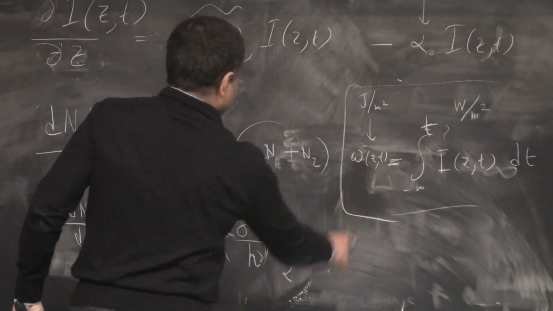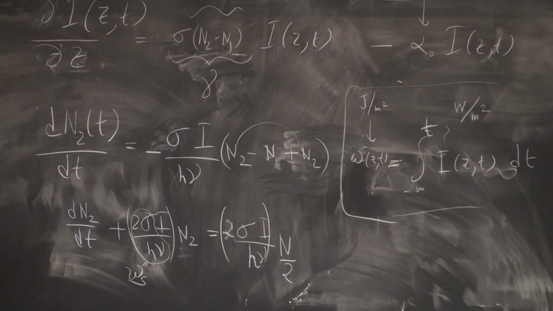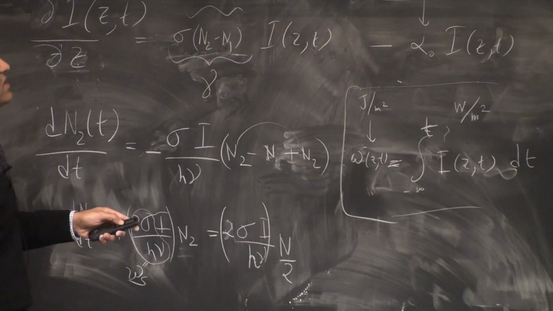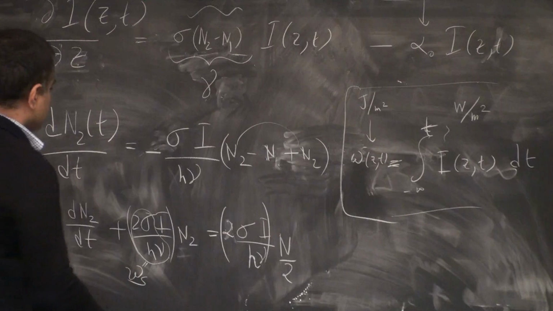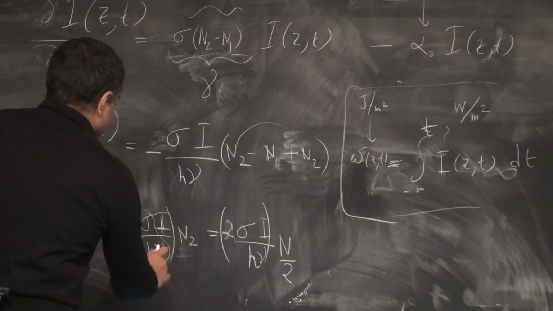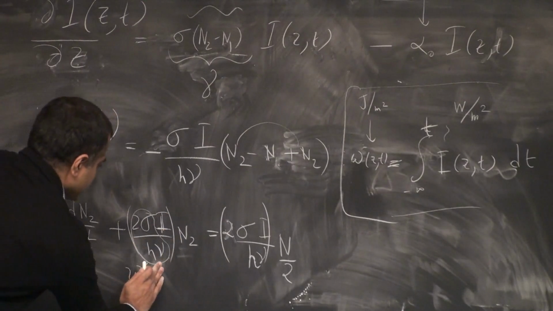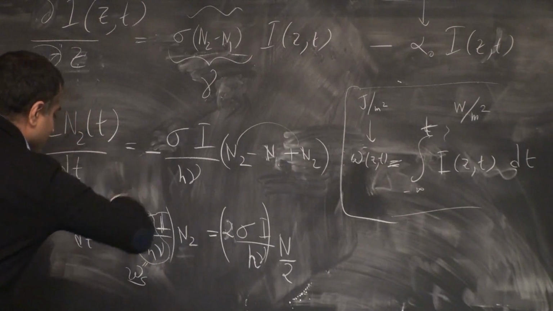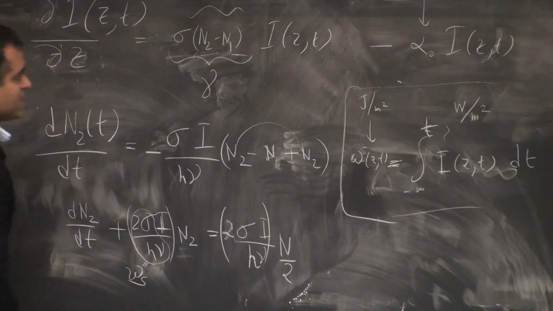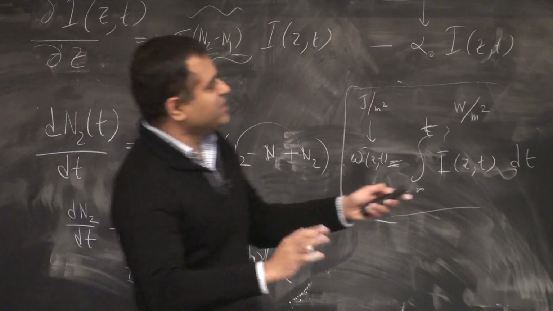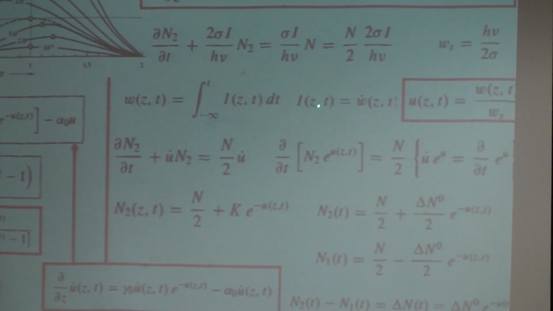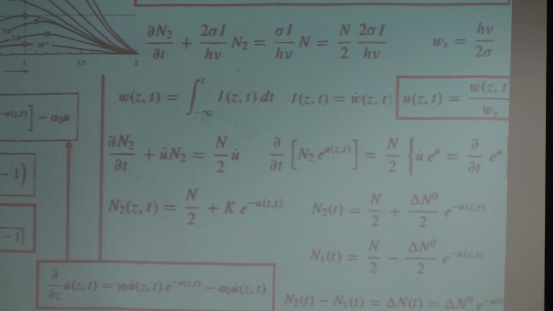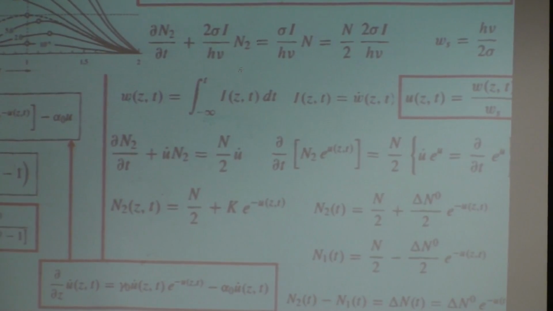But that's the integral of the intensity, and that's the definition of this W function. And then you can see now the intensity, and there's a W S here. If I integrate the whole thing, I get a W over W S. Let me just make sure. I think I missed that. W is the integral. And intensity, therefore, is the derivative of W, obviously the opposite of this, right?